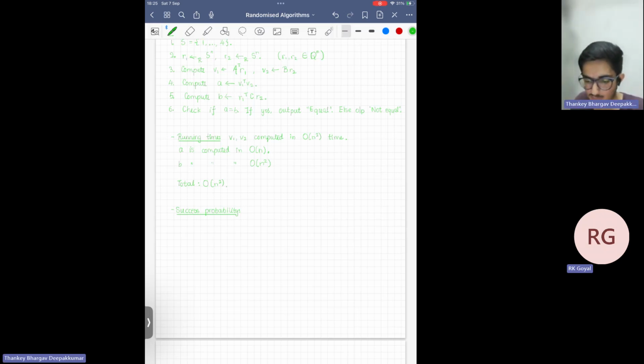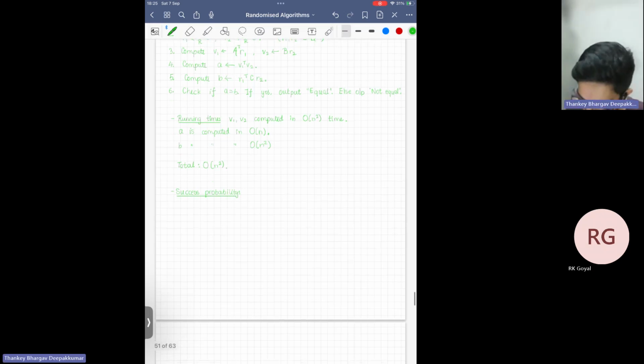Okay. So now let's look at the success probability. Again, similar. If AB equals C, then the algorithm always outputs equal, right?